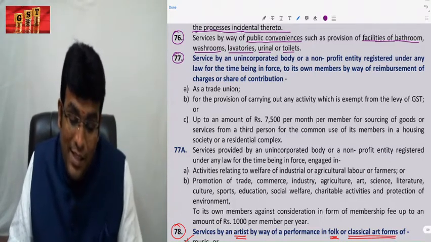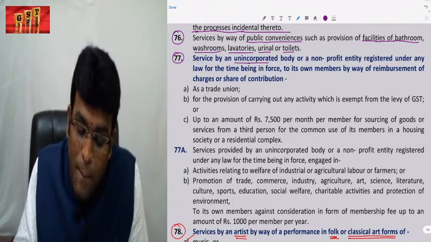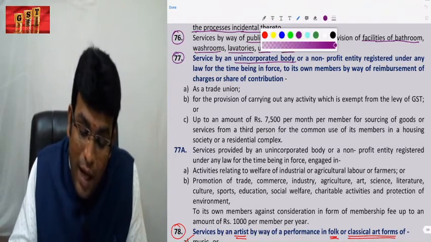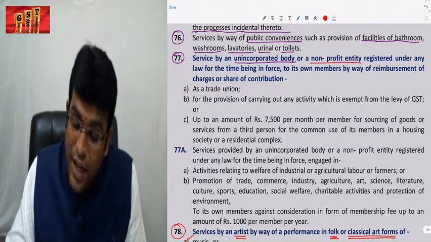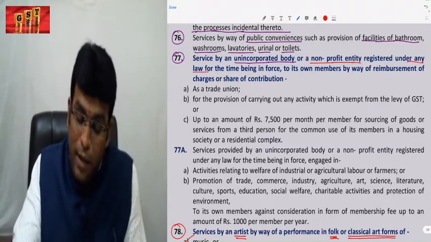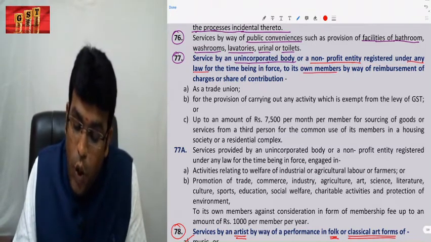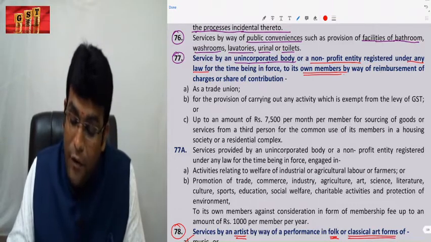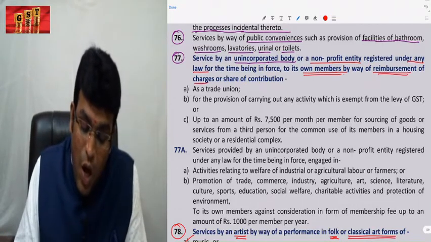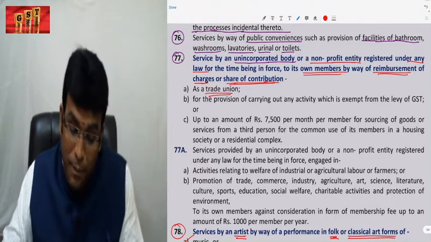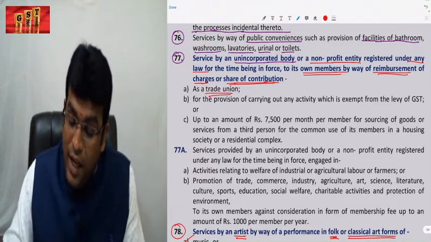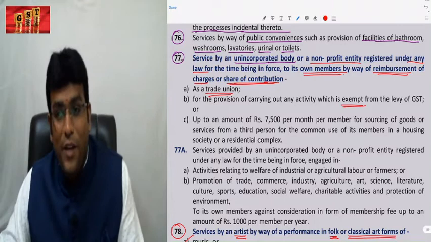Next, 77th point. 76th, what is there in that to explain also? Nothing. Services by an unincorporated body or a non-profit entity registered under any law for the time being in force to its own members by way of reimbursement of charges or share of contribution as a trade union or for the purpose of carrying out any activity which is exempt from levy of GST.